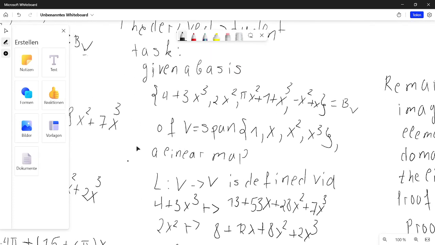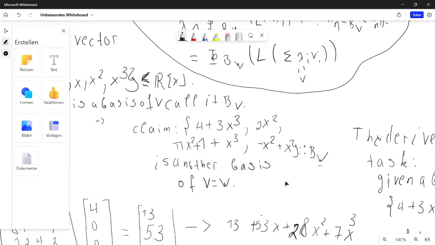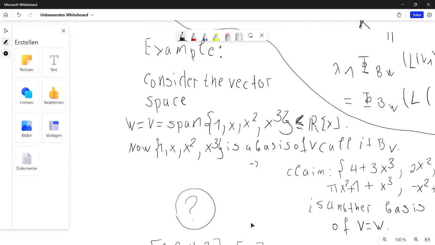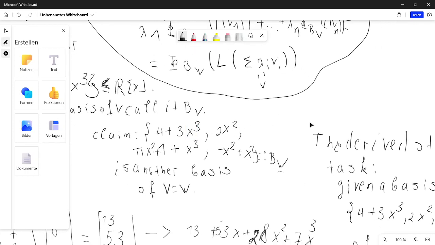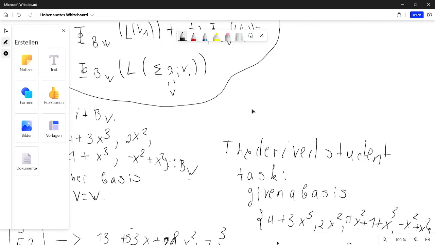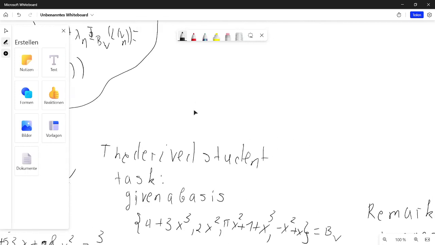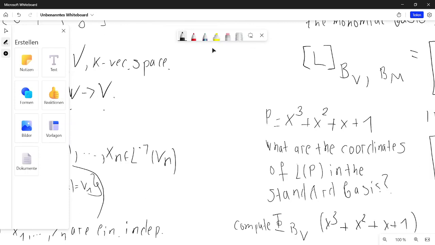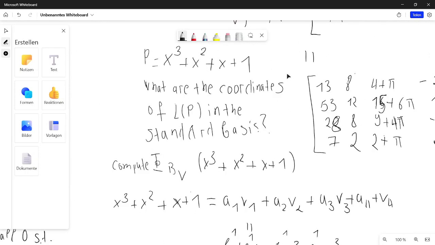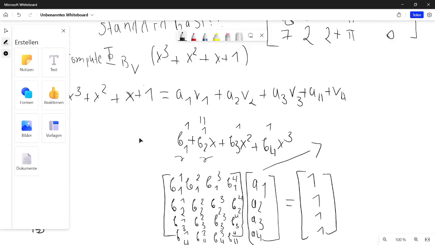Well, if one wants to have a pain while devising such tasks, because actually I could have literally taken a basis like this, and I could have written any polynomials there, and there would be a linear map mapping those to those, I mean any polynomials up to degree 3 there, but I would have to find out myself what would be a map, and that wouldn't be that nice, as you can see here.